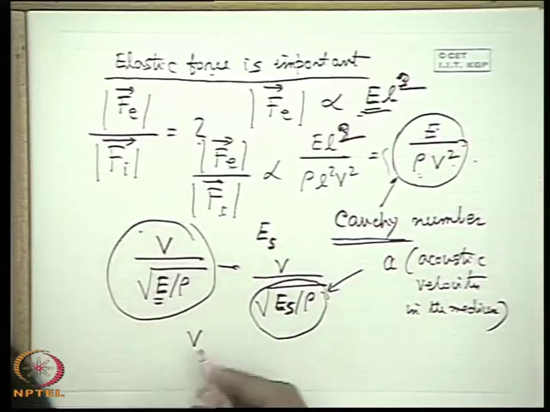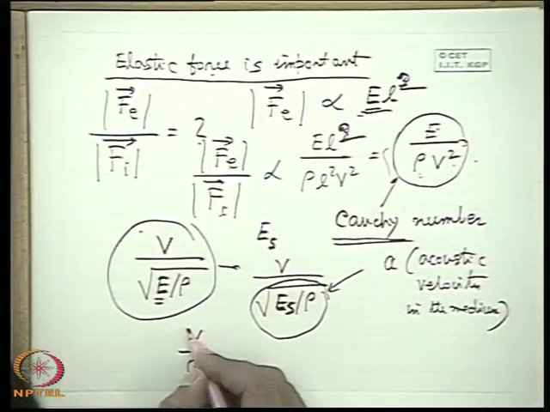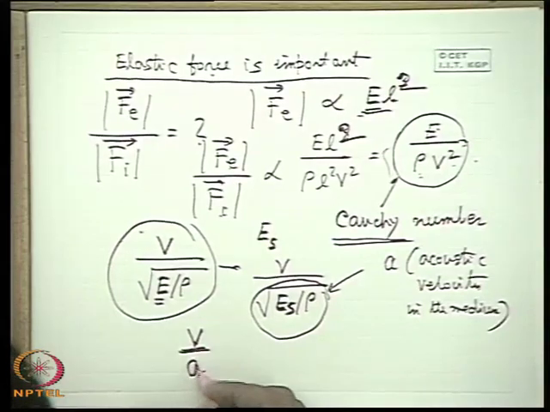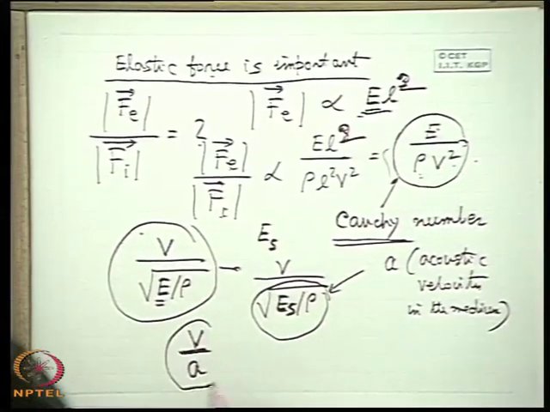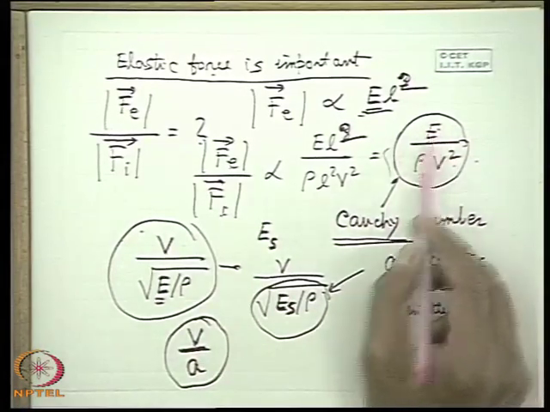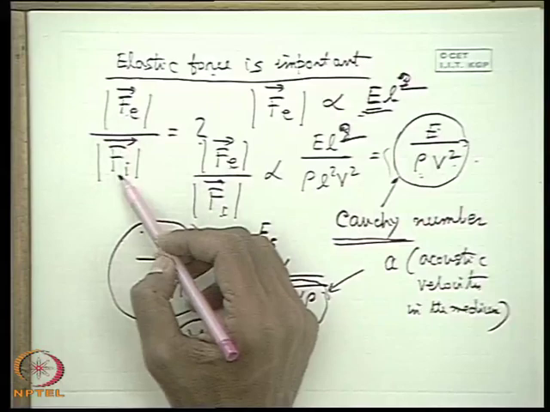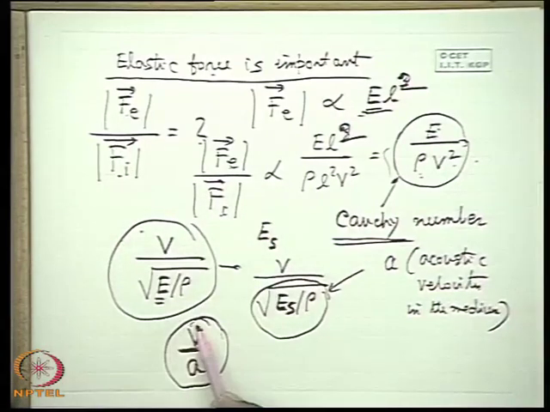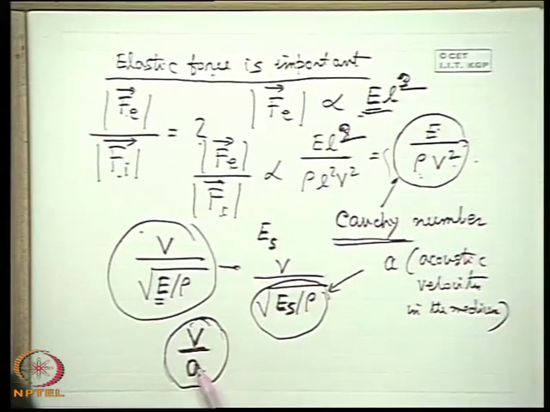So this is equal to the velocity of the flowing medium to the velocity of sound, that is the acoustic velocity in the medium at that condition, and this ratio means the equality of the Cauchy number or the magnitude ratio of Fe by Fi. This is proportional to this. That means one can express this ratio in terms of V by A, that is the velocity of the flow medium to the velocity of sound in that medium at that condition.